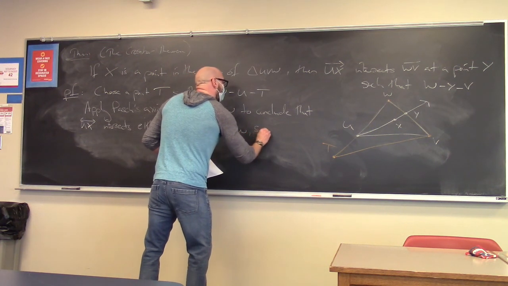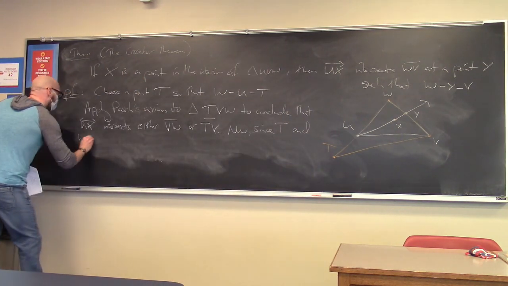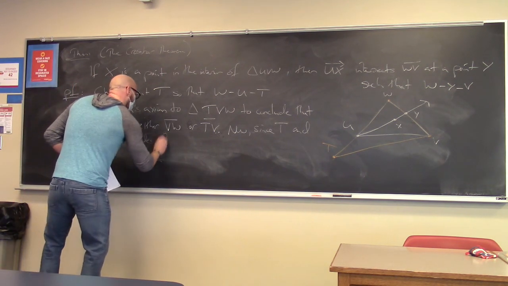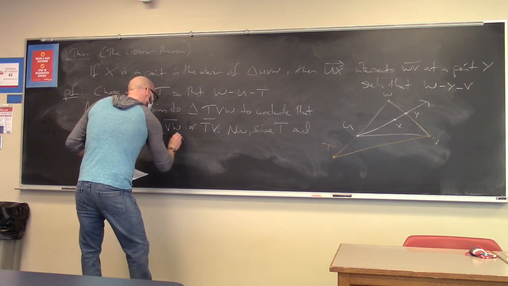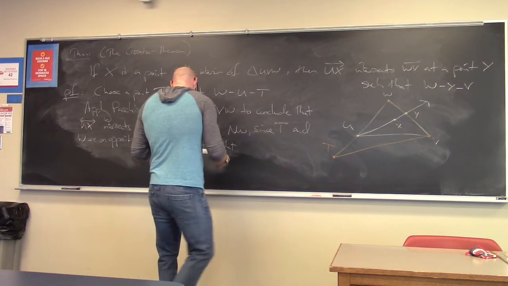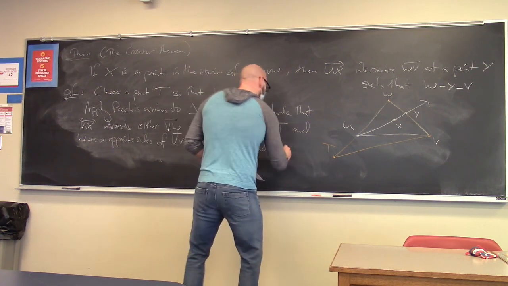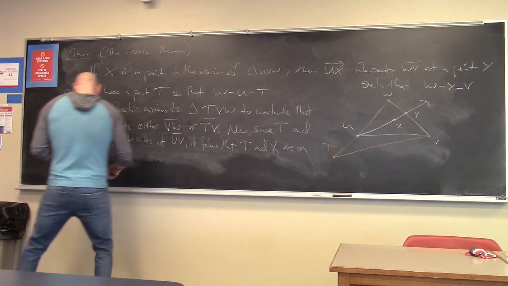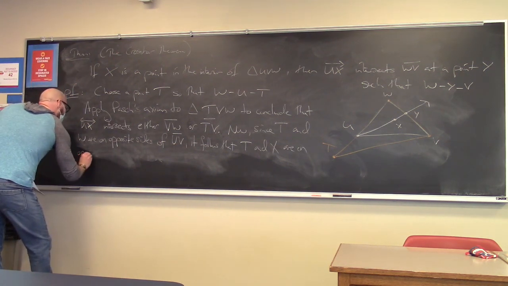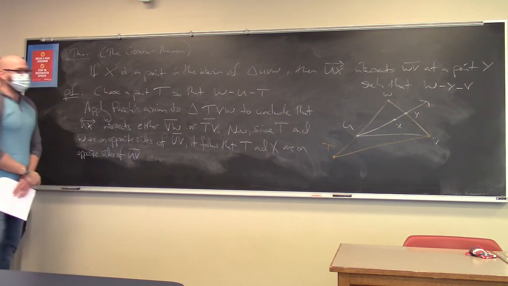Now, since T and W are on opposite sides of UV, it follows that T and X are on opposite sides of UV.